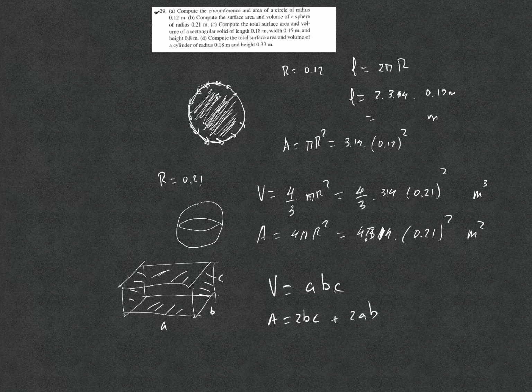And the other areas are the front, the top, and the back. The front and the back is a by b. I have 3 different sides. A by b is this side. B by c is this side.